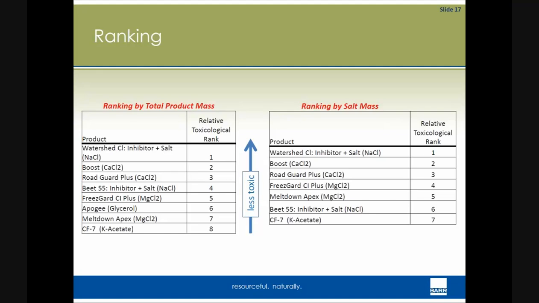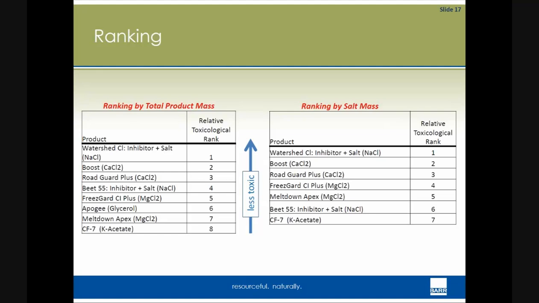So I tried to give a volumetric or product mass basis as well as a salt content basis of the relative toxicological rank. You can see that the salt brine, the watershed CI salt brine, was the least toxic, followed by the 2 calcium chloride products, and then on a volumetric or mass basis, the B55 settles in the middle, followed by the magnesium chloride Freeze Guard product, glycerol, Meltdown Apex, and then CF7, the potassium acetate product.